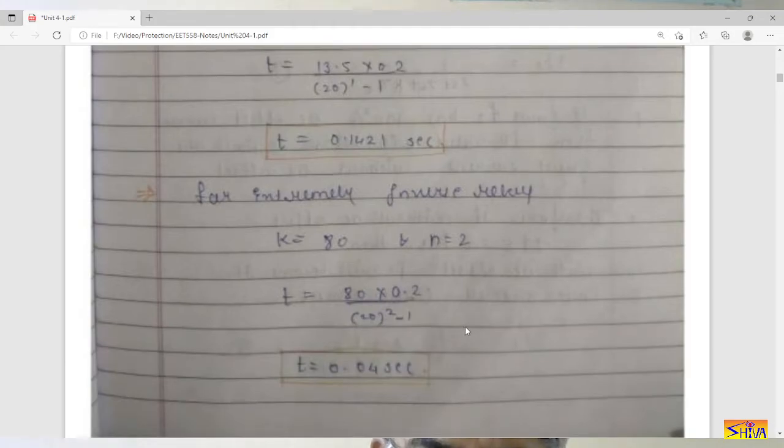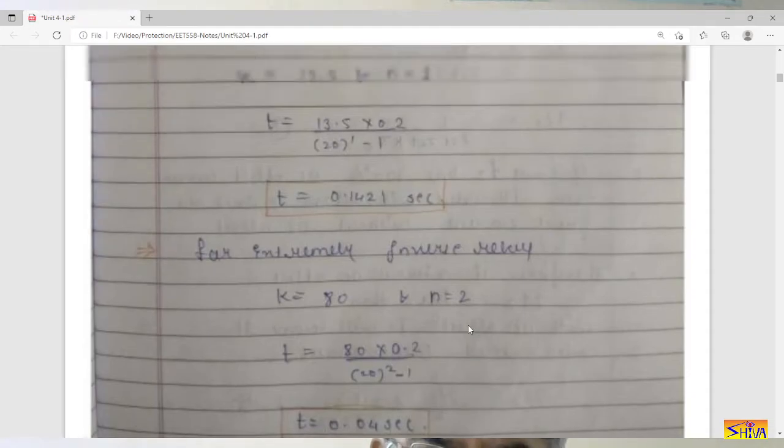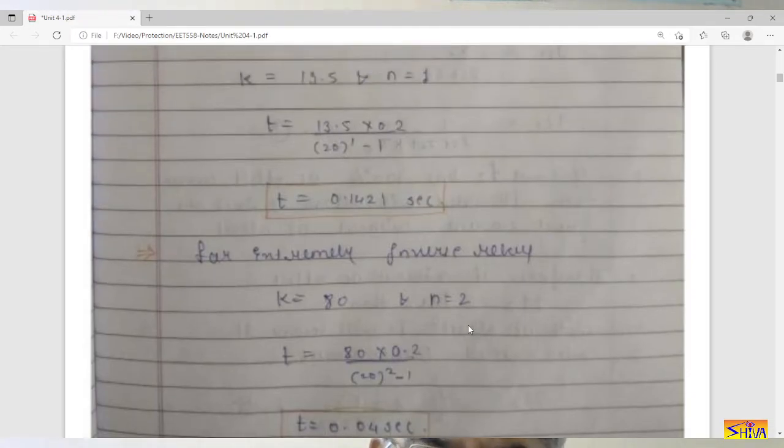And for extremely inverse, it has further reduced to 0.04 seconds. So you can see here how the degree of inverseness affects the operating time. As degree of inverseness increases, the operating time reduces.